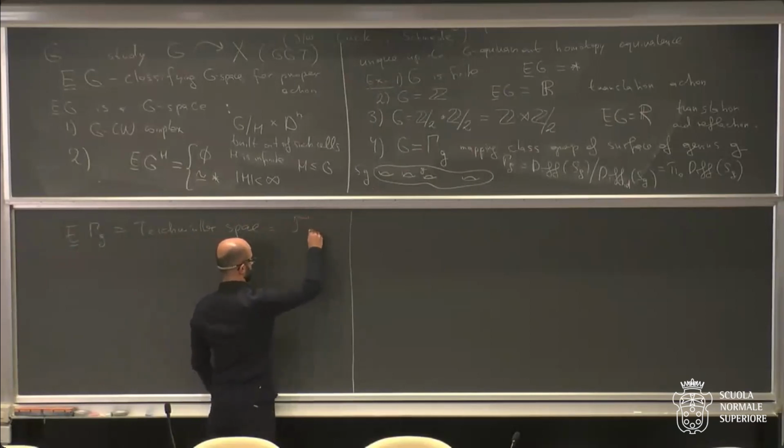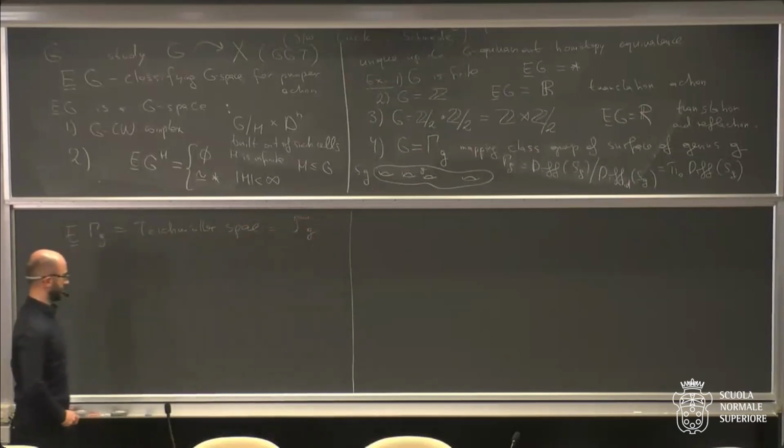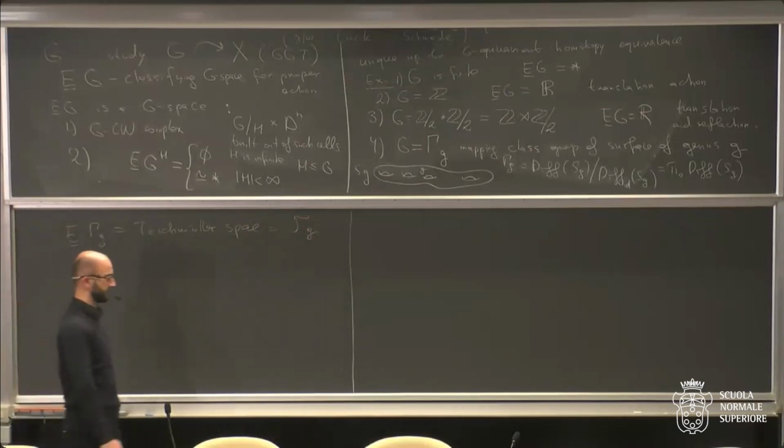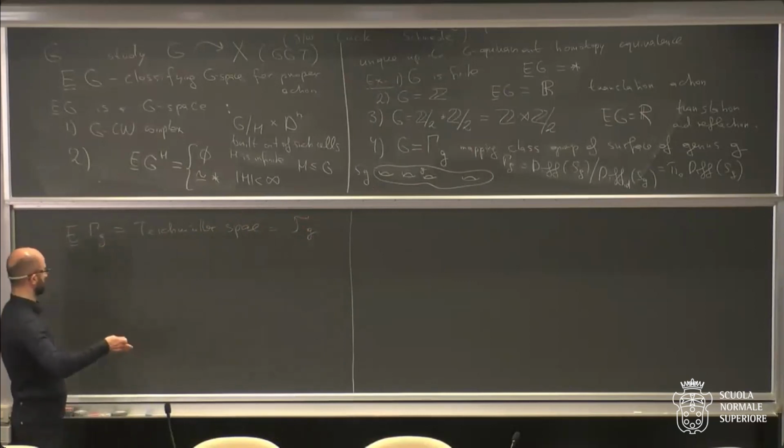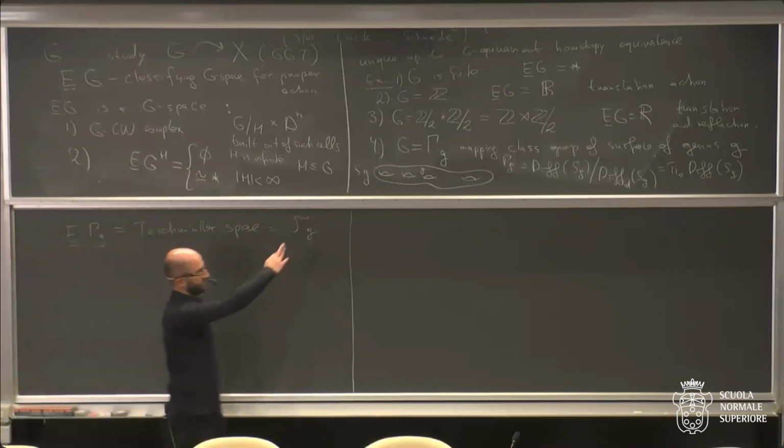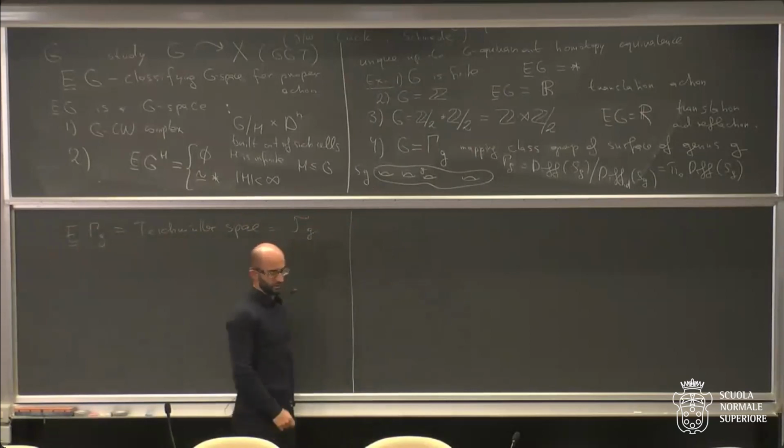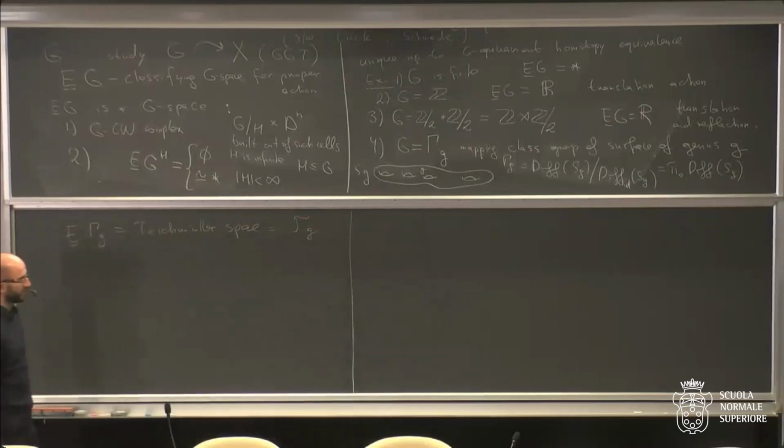So that's the Teichmüller space of genus G. In fact, it's homeomorphic to a Euclidean space of large enough dimension, 6G plus 6 or something like that, but it's a very interesting space. And if you take the quotient of this by gamma G, then that's the moduli space of the surface of genus G.